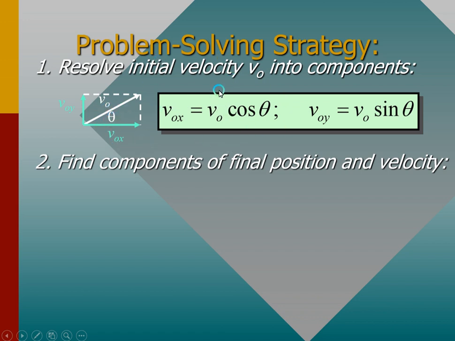Kabalo na kita kung paano naton kuhaon ang aton vertical kag horizontal components based sa aton previous discussion videos. So we have your horizontal component, adjacent siya, so we have cosine: V0 cosine theta. Next, for your vertical component, that will be your V0 sine theta, V0 being kung ano ang values ng initial velocity.